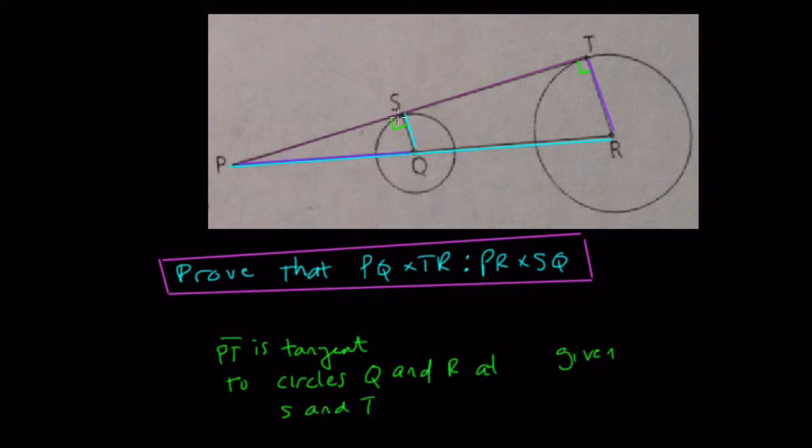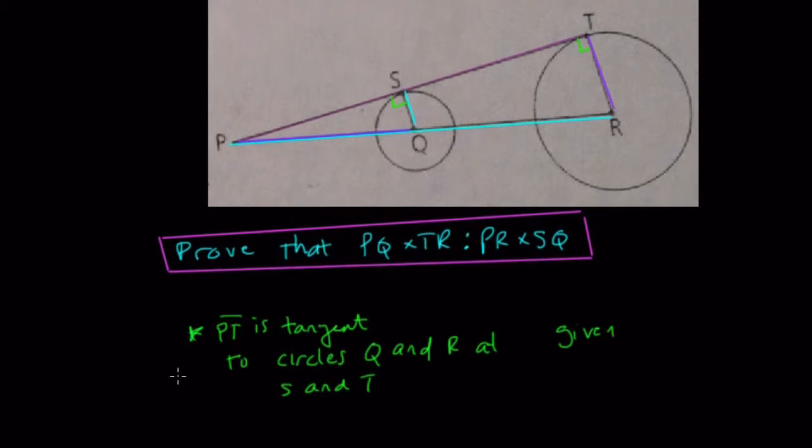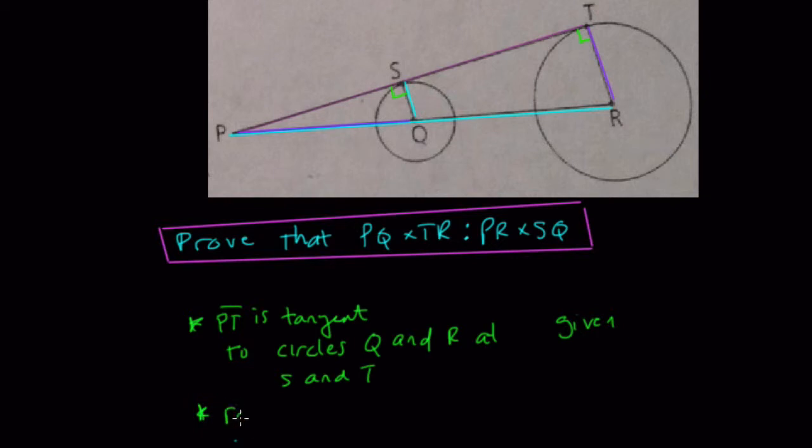Then you could say that radii, that's step one. Step two, radii SQ and TR are perpendicular, upside down T sign, to PT at S and T.